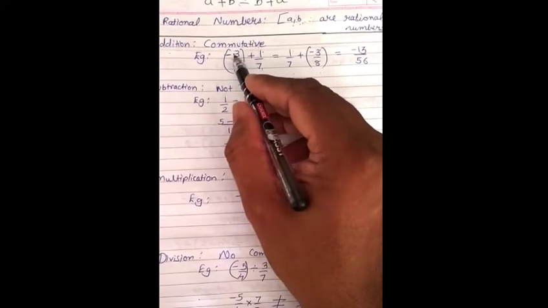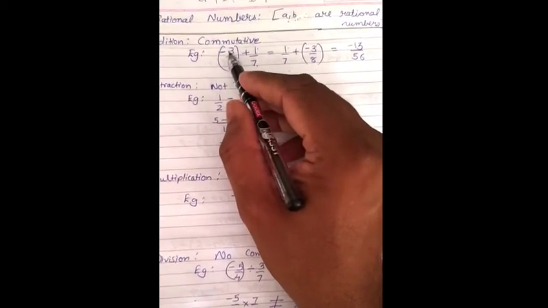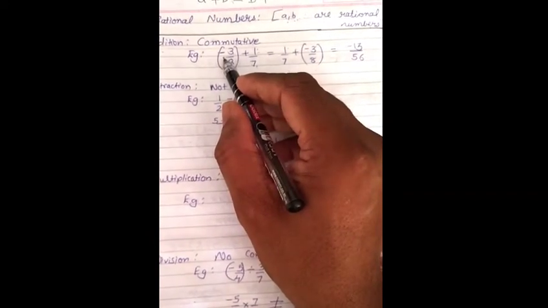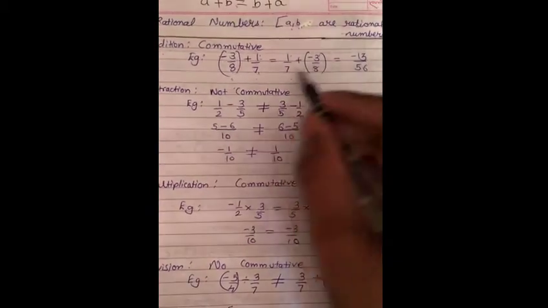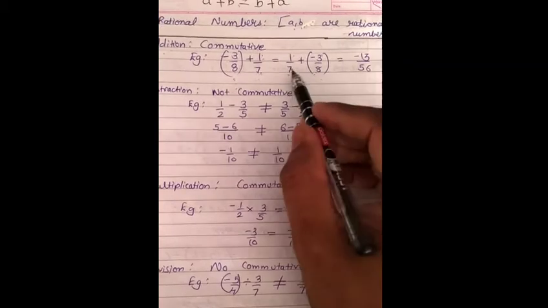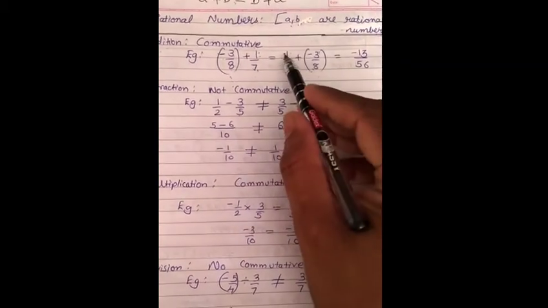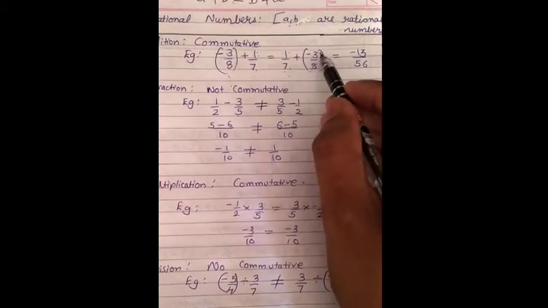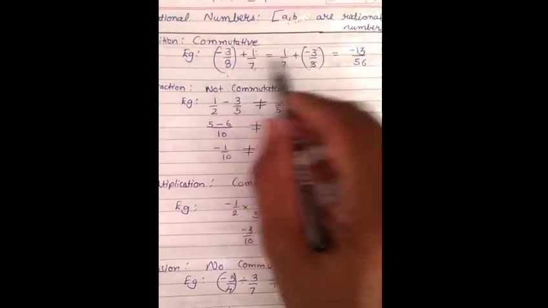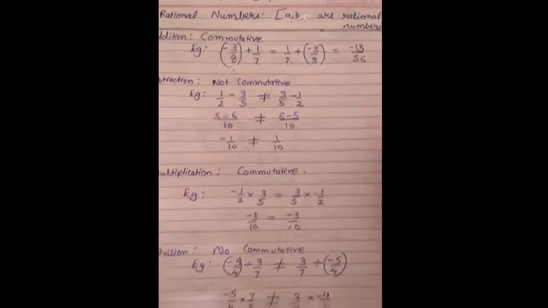So 7 3s are 21, minus 21, 8 1s are 8, minus 21 and plus 8 gives you minus 13. And here in the same way, this side also, 7 8s are 56, again prime factors, 8 1s are 8, 7 3s are 21, 8 minus 21 is minus 13, both sides minus 13 upon 56.